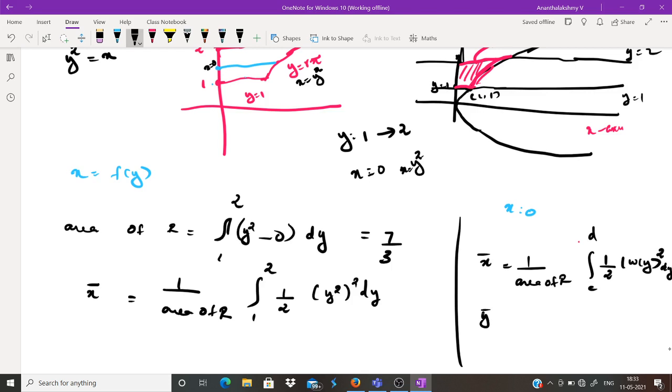Y bar is 1 by area of R, integral c to d of y times w of y dy.